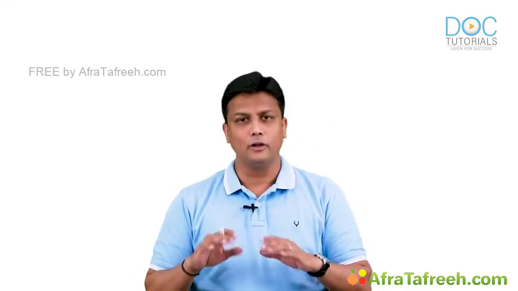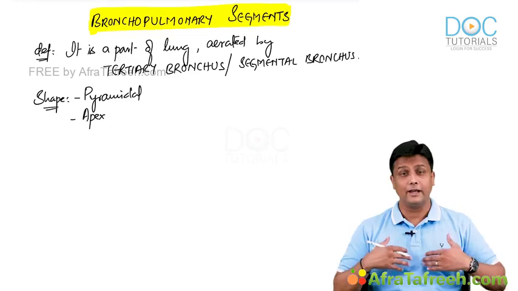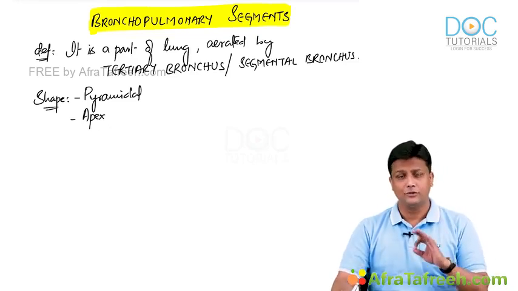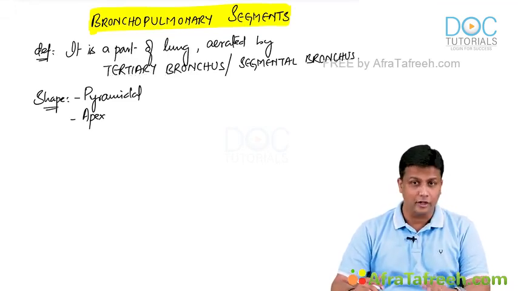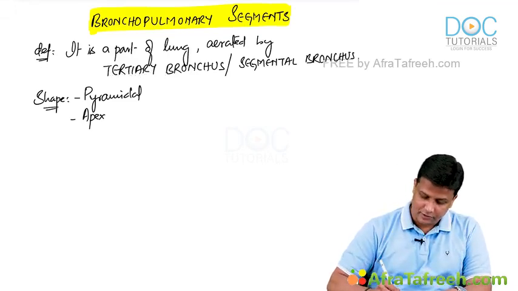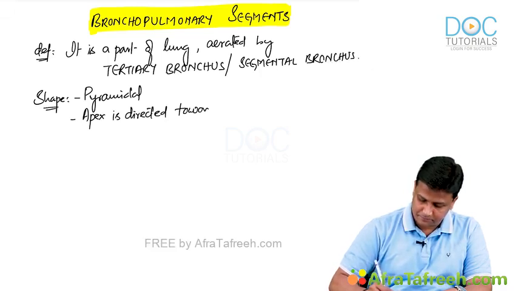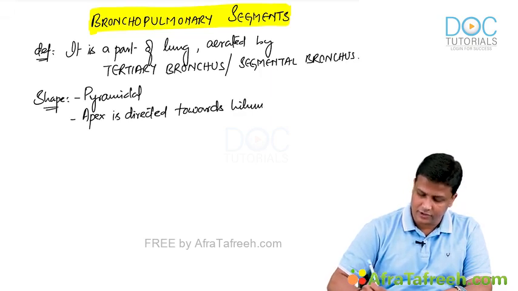The apex of all the bronchopulmonary segments is directed towards the hilum of the lung.